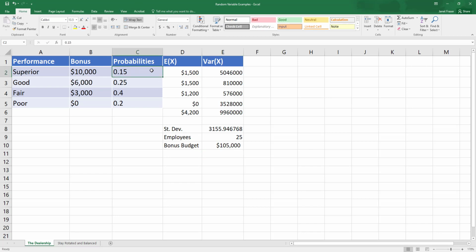So say maybe we only allowed 10% to be superior. Saves me over $10,000. Of course, the probabilities have to equal 1, so we have to add that 0.5 somewhere else. So good, maybe 0.3 now.